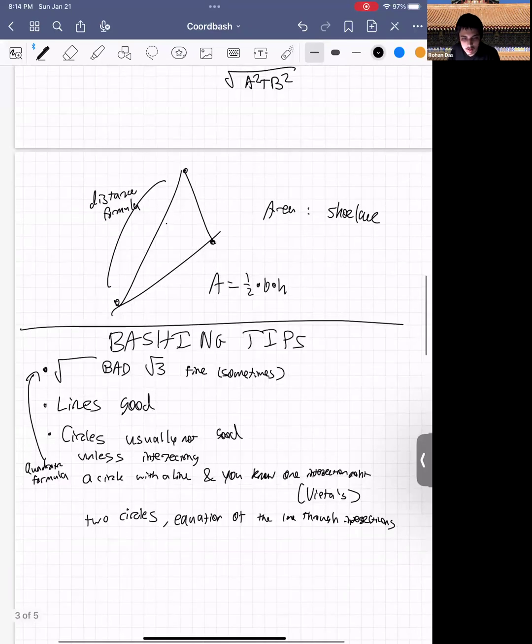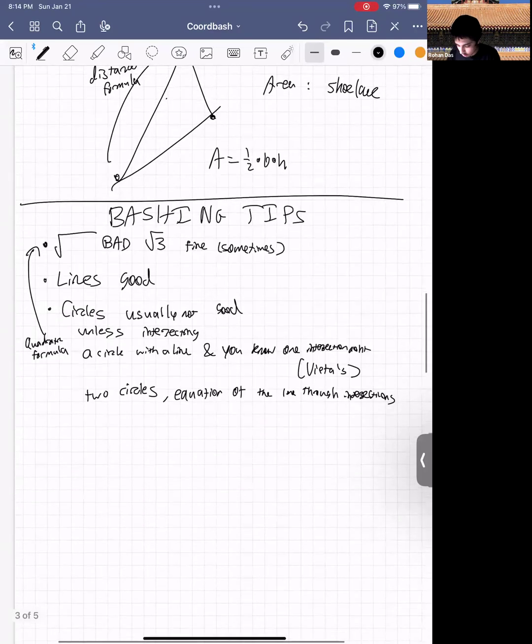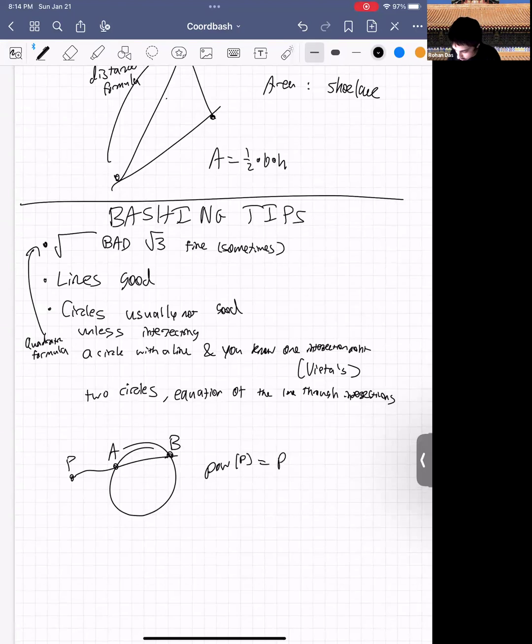The reason this can be important to consider is that if you define the power of a point P as taking any line through it, considering the intersections A and B with a circle, and defining the power to be PA times PB, not only is this the same no matter which line you choose, but also this line is the set of points which have equal power with respect to the two circles.